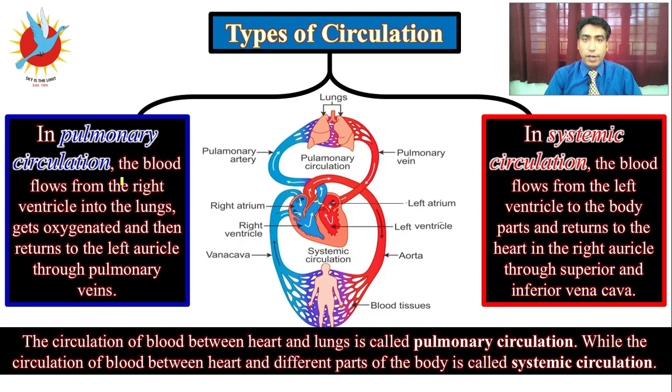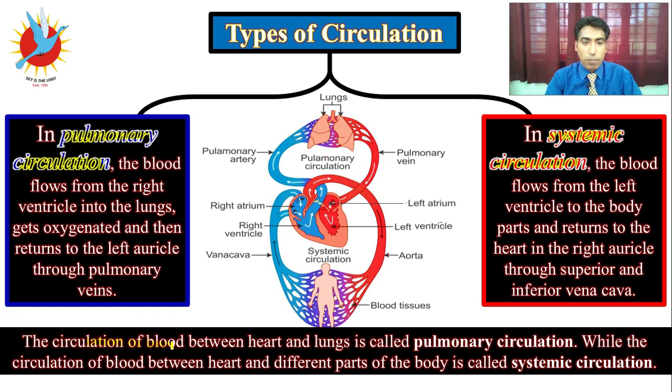So we will discuss a few more points about the double circulation. Double circulation is categorized into two types. First is pulmonary circulation, and the second type is systemic circulation. So what is the difference between pulmonary circulation and systemic circulation?